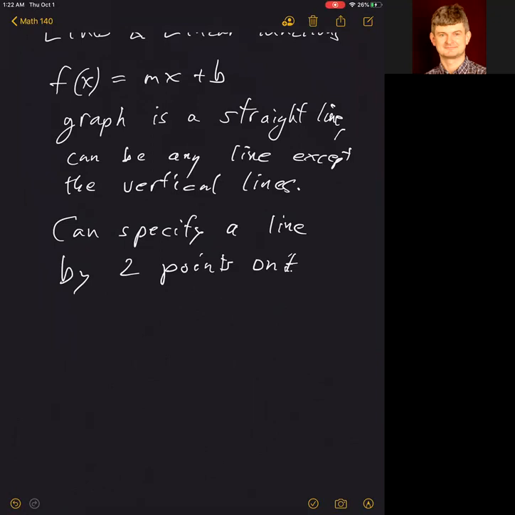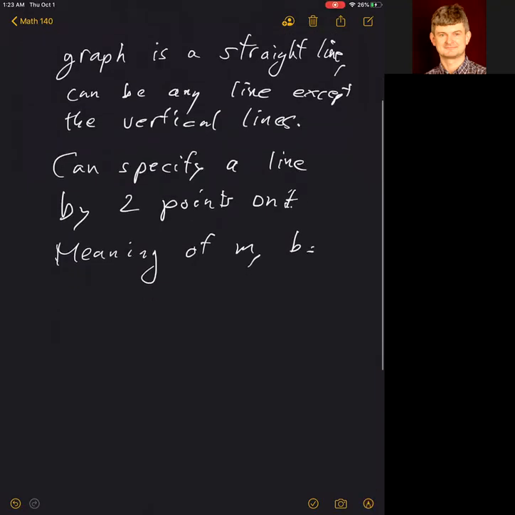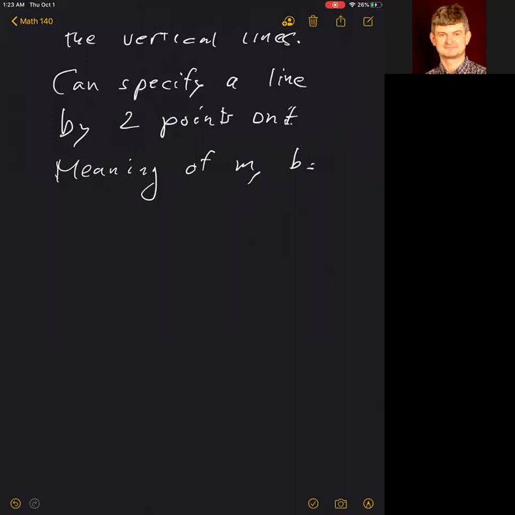And for that, it's best to first look at the geometrical meaning of those parameters m and b. So let me sketch something. Some random straight line.